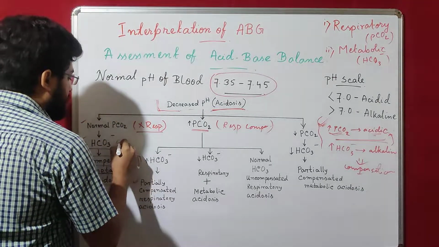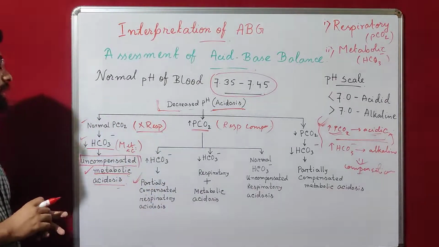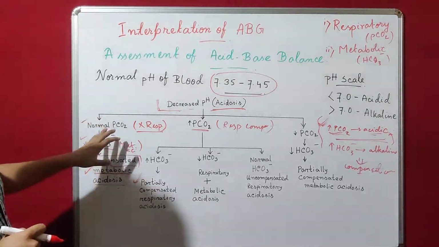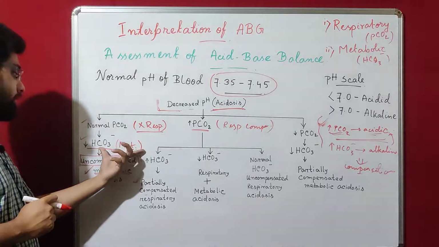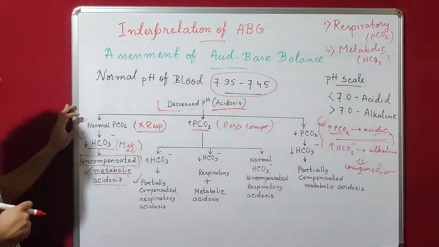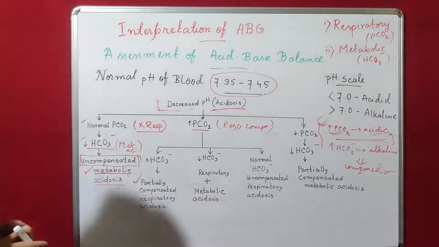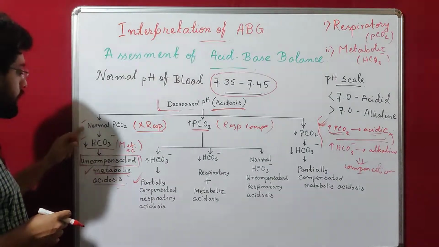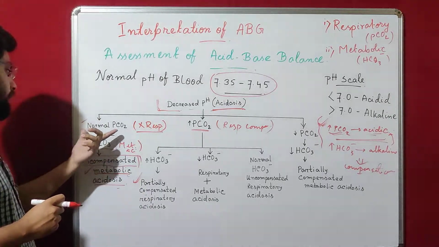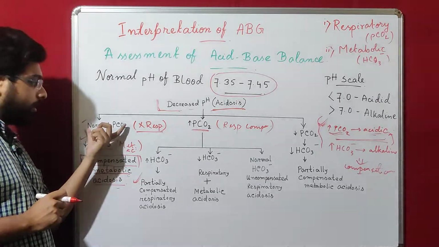There is a metabolic component of acidosis, but there is no effort to counteract this scenario through the respiratory component, because the PCO2 level is not decreased, the PCO2 level is normal.